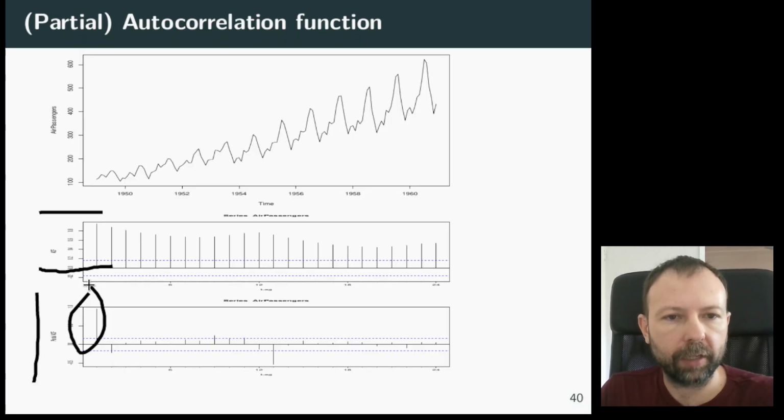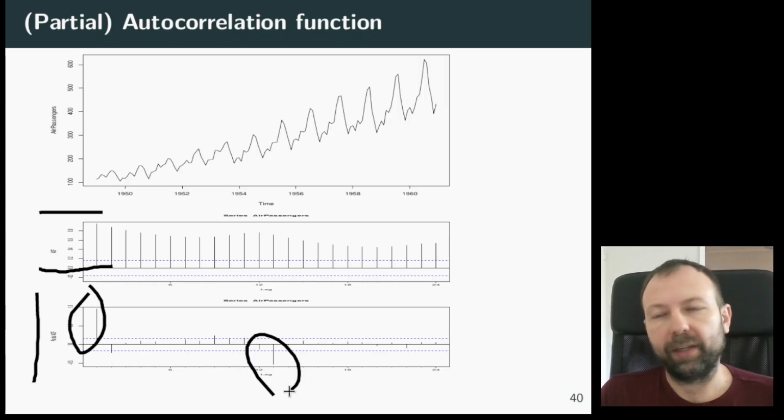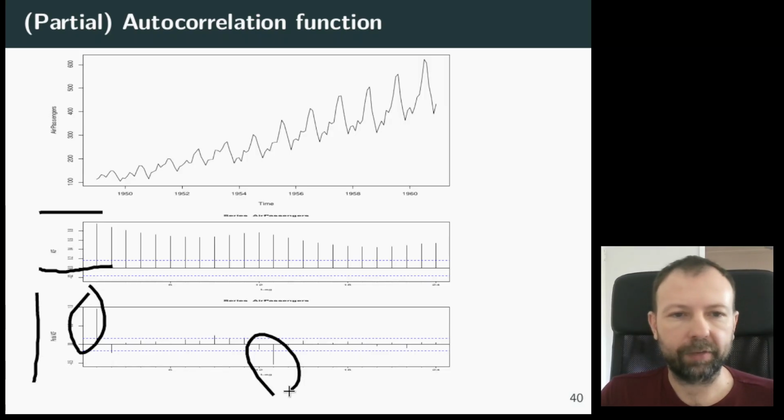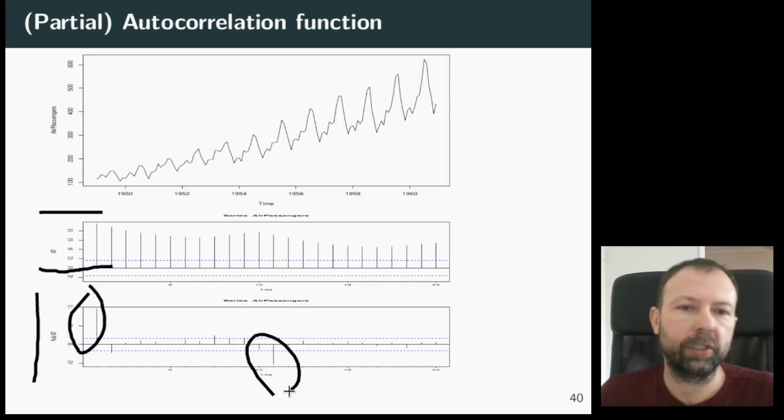Only we have this significant lag 13. And the question is, why is this lag 13? Shouldn't it be lag 12? That's an interesting question. It's a bit of a technicality of how the partial ACF works. But the answer is basically that if there's a lot of correlation in lag 1 and in lag 12, then that shows up in the partial autocorrelation plot as lag 12 plus 1, which is 13.